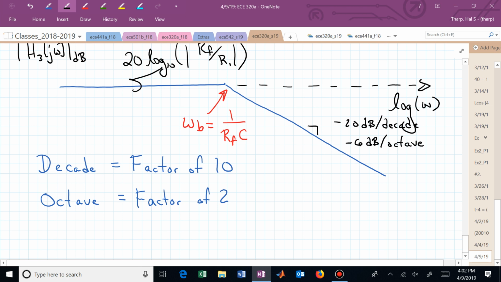That's for each single factor, and we only had one pole factor in that low-pass filter. We had a first-order low-pass filter, and that's why we're dropping at 20 dB per decade or 6 dB per octave.